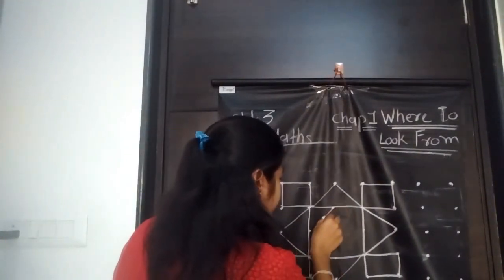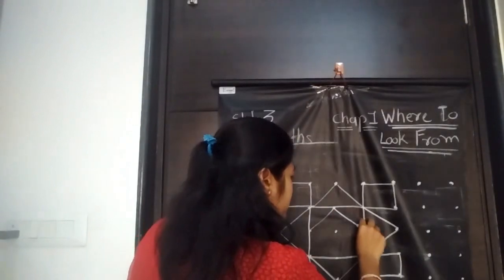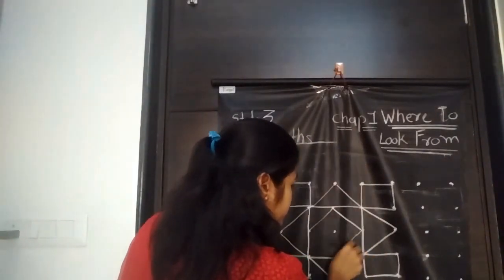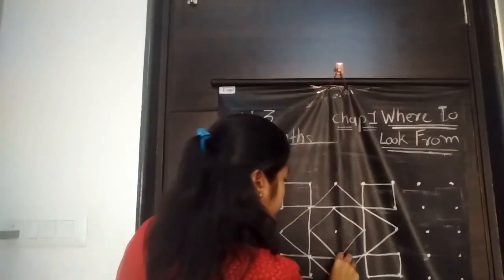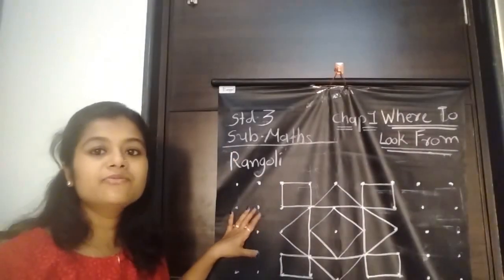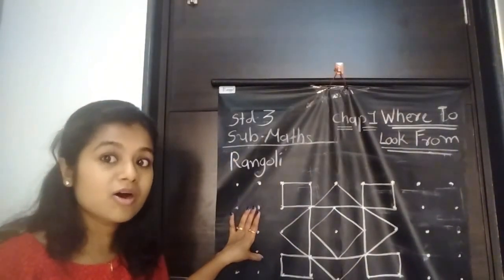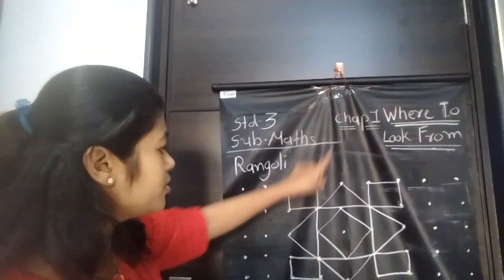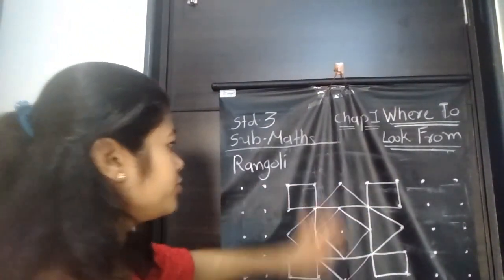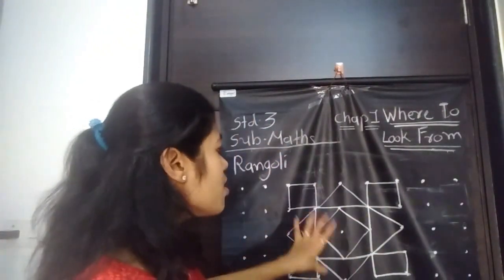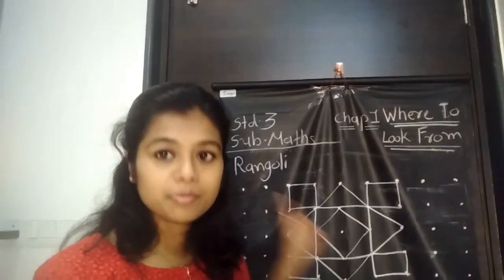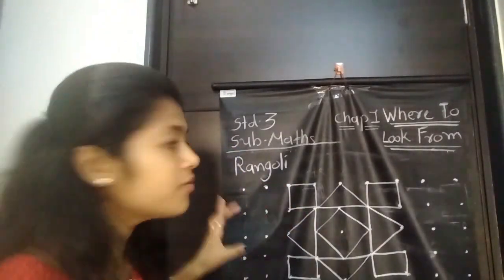Now I will draw a square using the center dot. See, can you see that one pattern has been formed? Using the dots and proper calculation, you can draw the proper design with proportion. This is the motto of learning this.